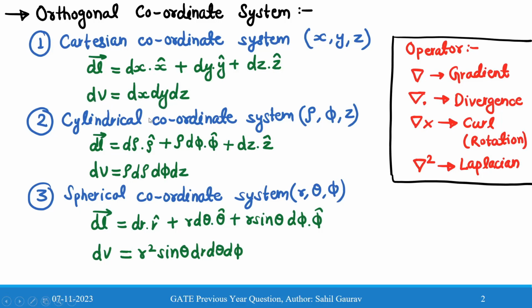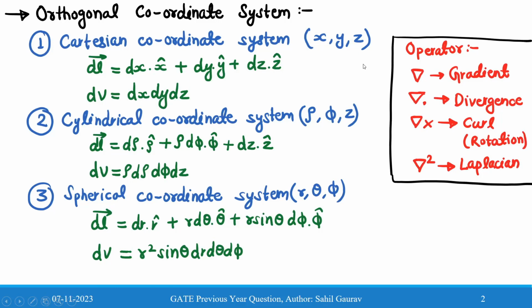And for the spherical coordinate system, having coordinate axes r, theta, phi, the infinitesimal distance dl and dv are written like this.